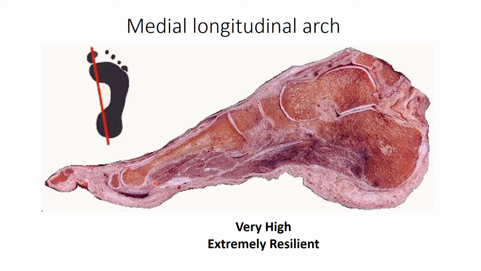So between the head of the metatarsal and the heel, the calcaneus, this medial margin is arched, and this arched medial margin forms the medial longitudinal arch. This arch is a very high arch, and at the same time, because of these multiple bones and the ligaments involved, it is extremely resilient.